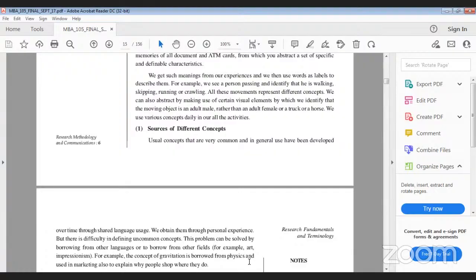This problem can be solved by borrowing from other languages or from other fields. For example, the concept of gravitation is borrowed from physics and used in marketing also to explain why people shop where they do.